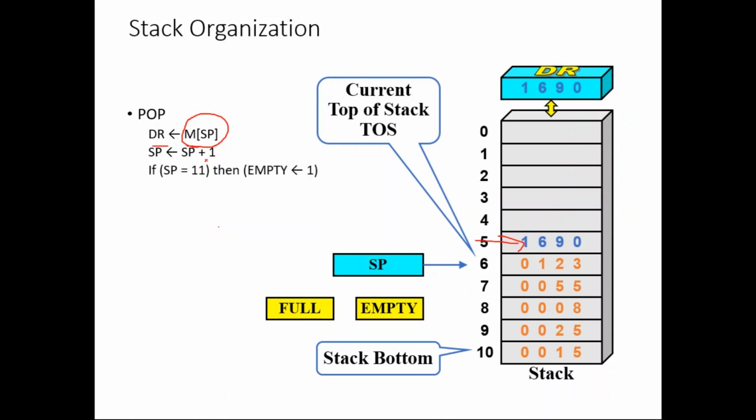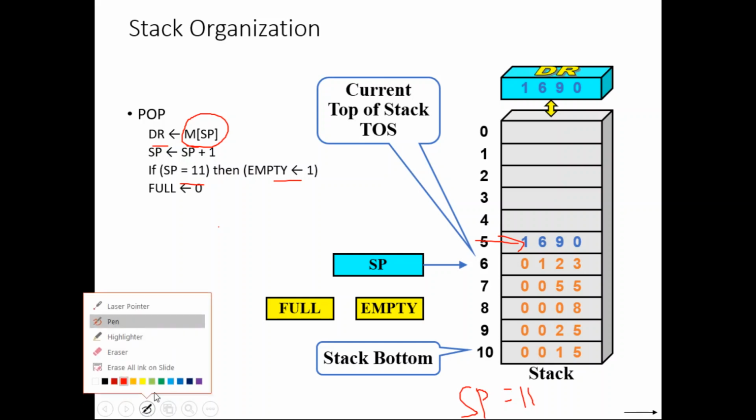Then how will you check whether the stack is empty or not? If you remove all the elements from the stack, finally SP will become 11. If SP is equal to 11, then empty = 1, that is the stack is empty, and full = 0, that is the stack is not full.